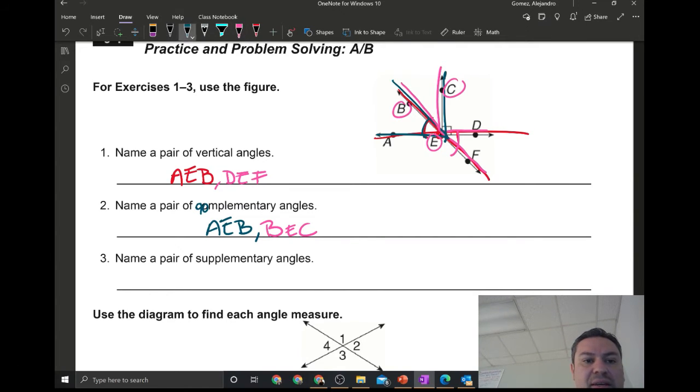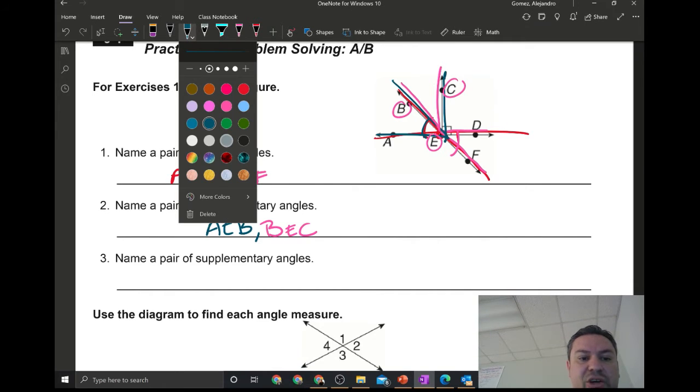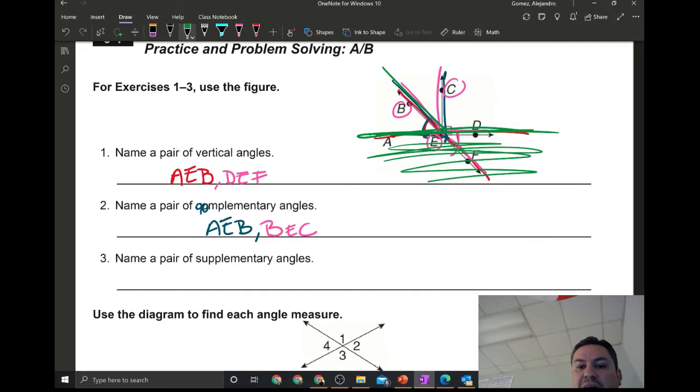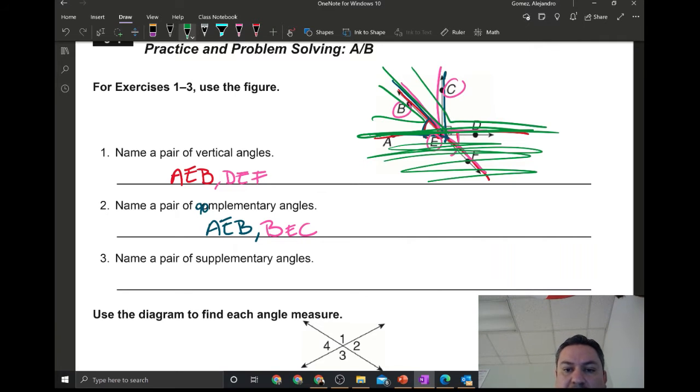And lastly, we have a pair that make up supplementary angles. In this case, you actually have more than one, so I'm just going to go over one of them. If I make this my straight line right there and I cut it, I can see that on my straight line I have an angle right there and the other angle right there.